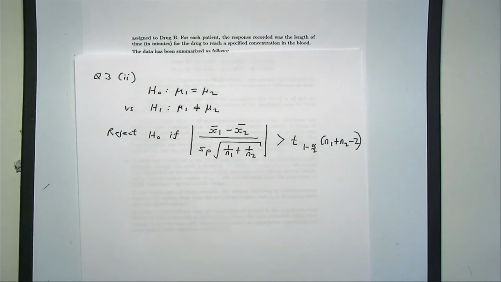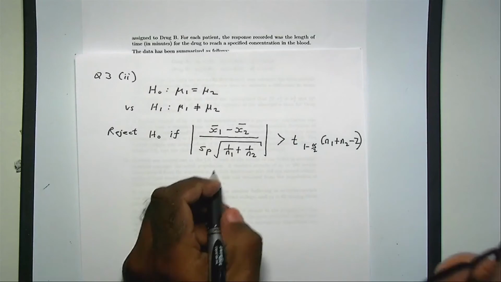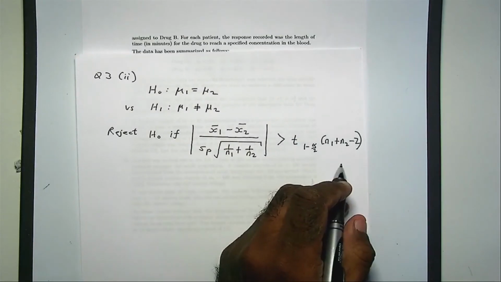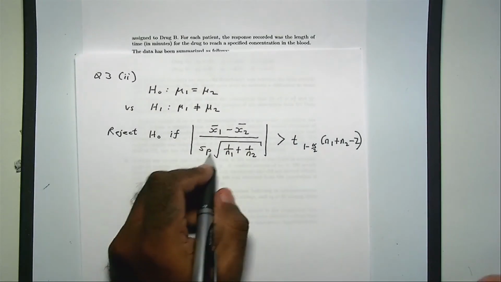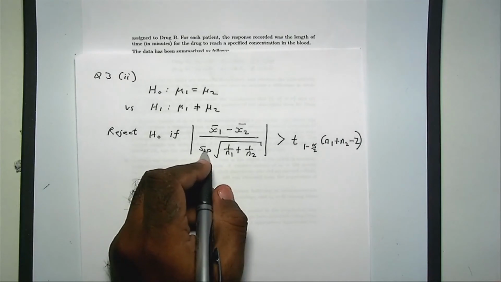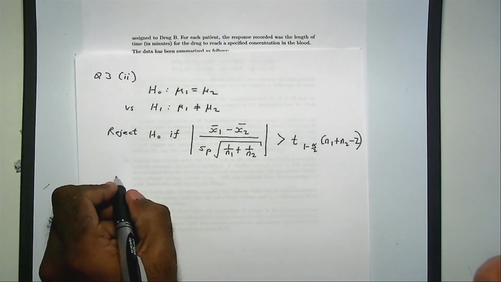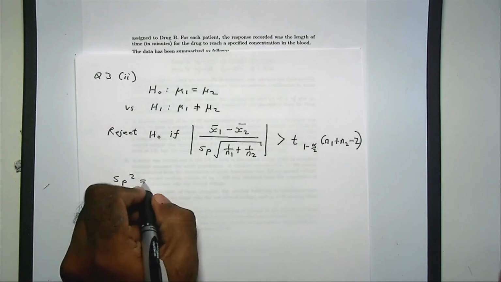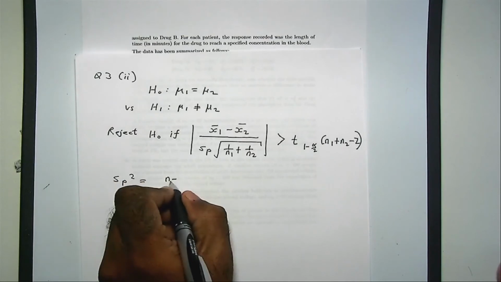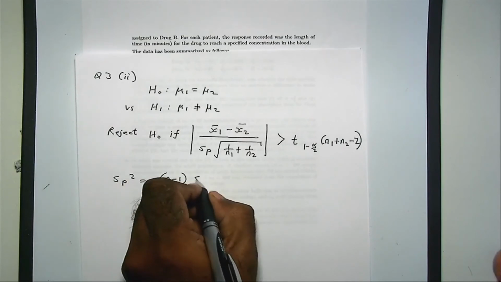As you may recall, if you go back to the video on two sample tests, you will see this rejection rule. Now let's compute the left hand side and the right hand side. Before we do that, we need to compute SP, the pooled sample standard deviation. Actually, SP squared is given by this formula. I think I mentioned this before.